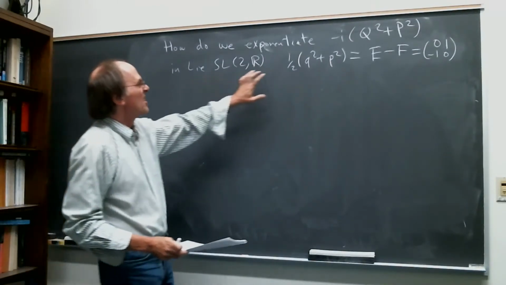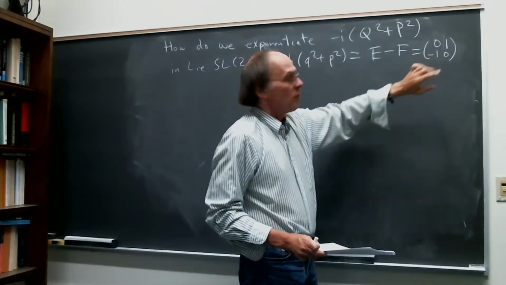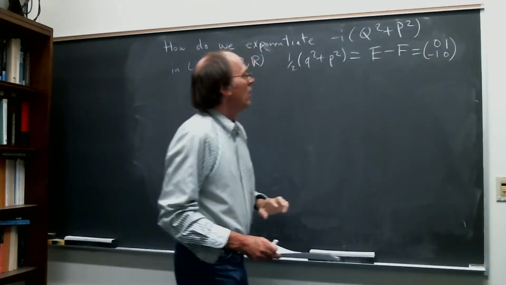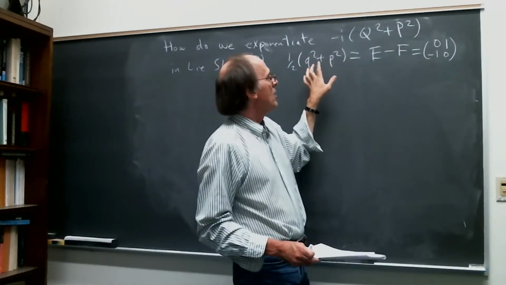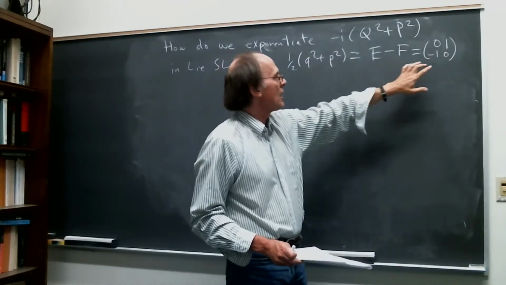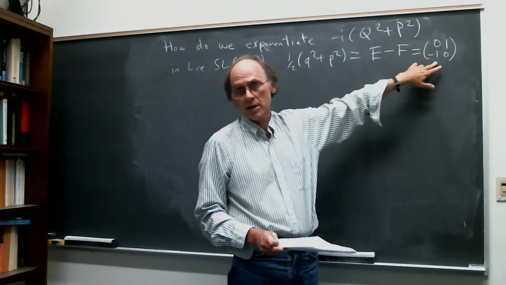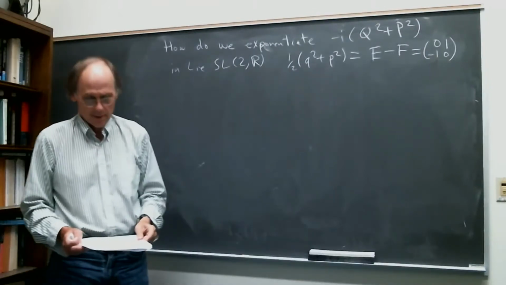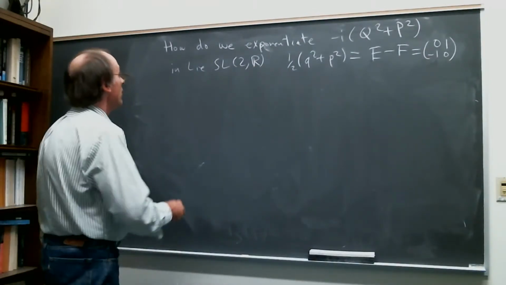Okay, so it's this Lie algebra element we want to exponentiate, and in the group, we know how to do the exponentiation of the Lie algebra. It's just the exponentiation of this matrix, and then we'll get something in SL2R, the symplectic group in 2 dimensions.